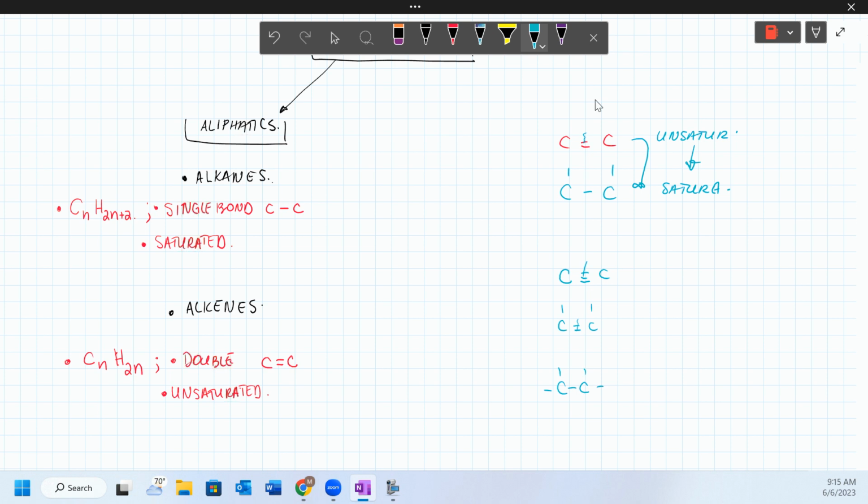So this is unsaturated. This is unsaturated as well, because you again have the opportunity to break the bond between the carbons without changing the chain of the carbons. And this one here will end up being saturated.